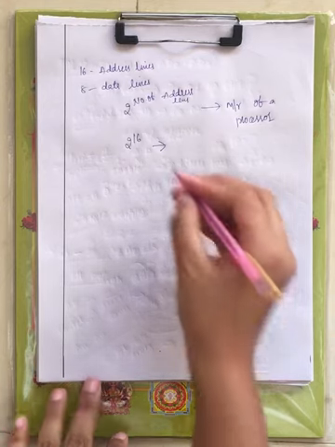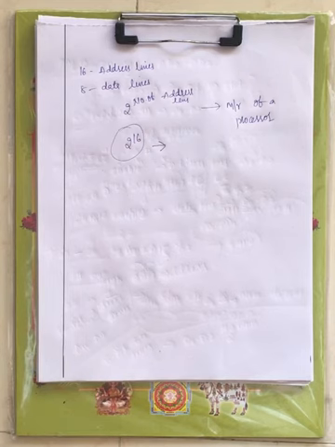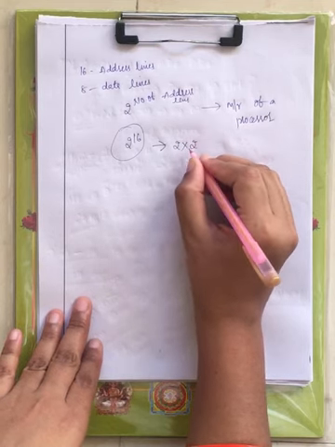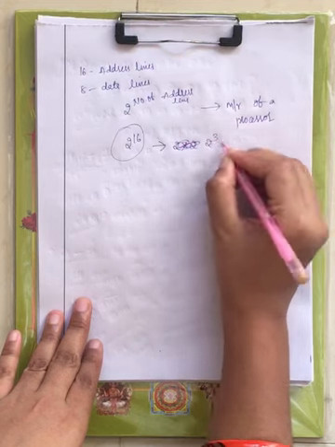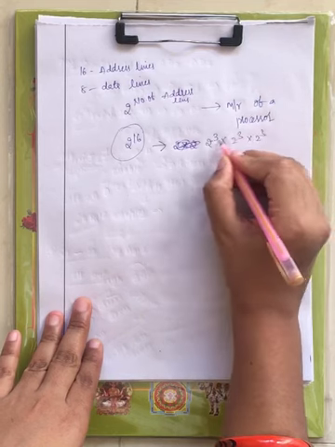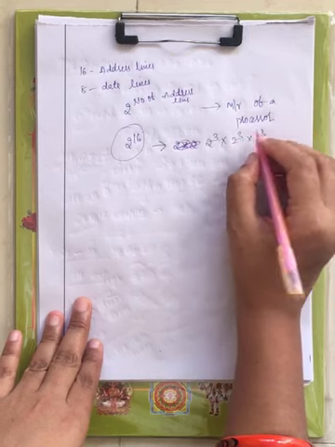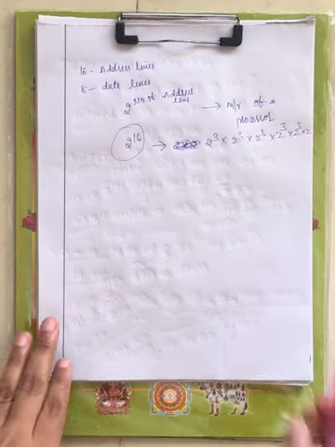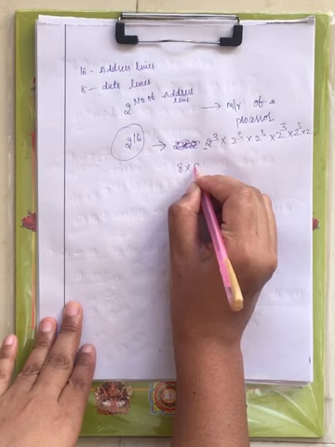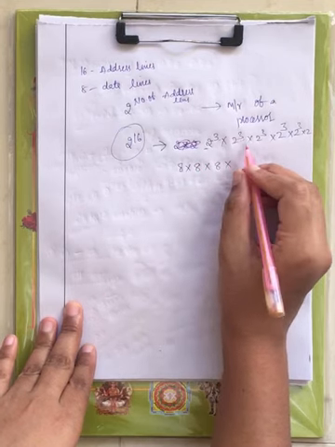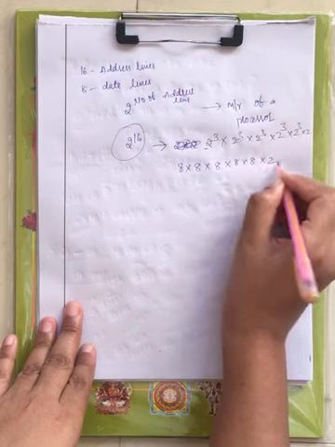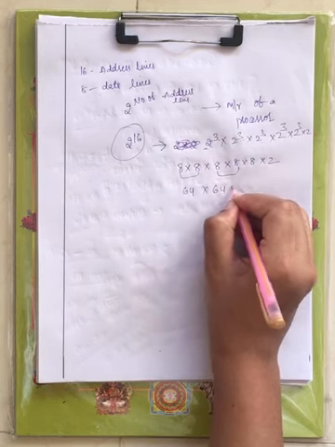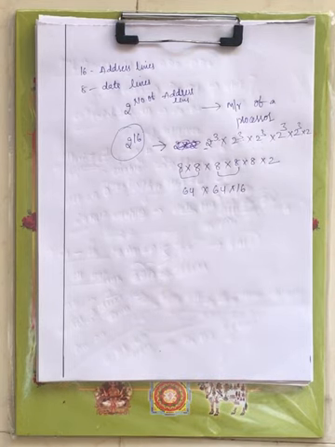Now 2 power 16, you can find out. 2 cube into 2 cube into 2 cube into 2, so 8 into 8 into 8 into 2. 8 8s are 64, so 64 into 64 into 16.